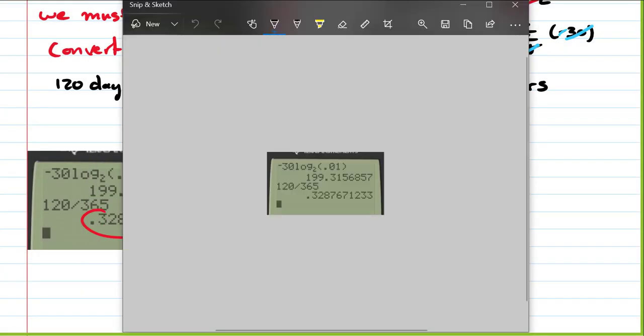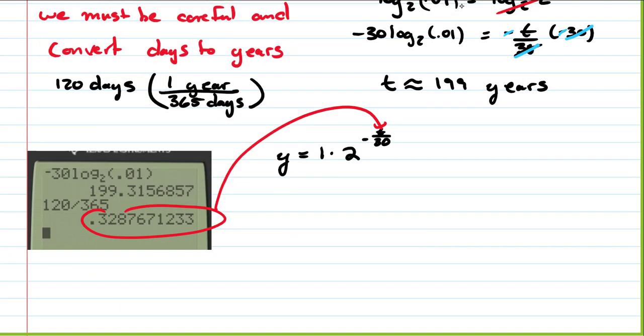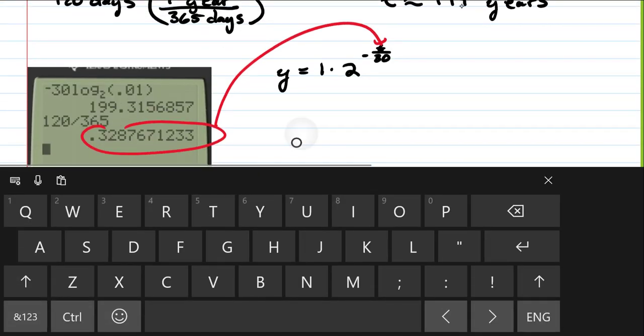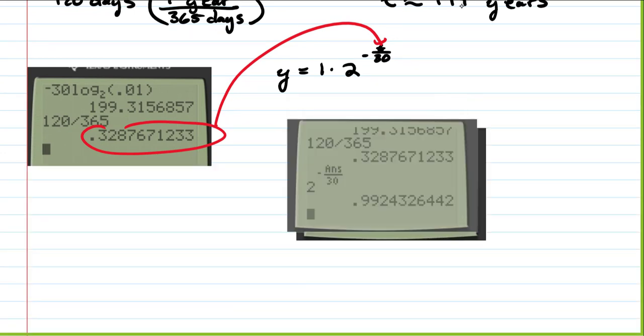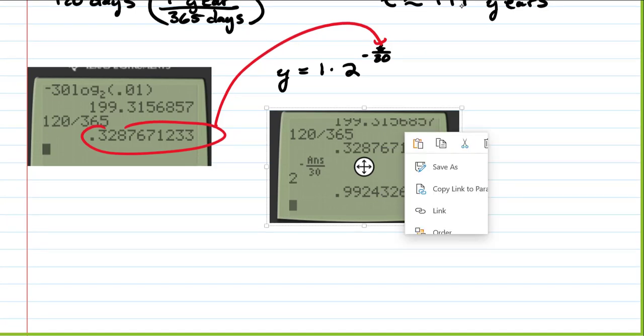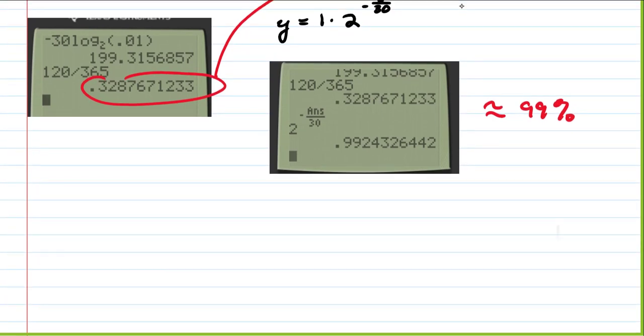So that tells us that there would be about 99%. And depending on what they ask you to round to, you might need to say 99.2% or whatever is appropriate.